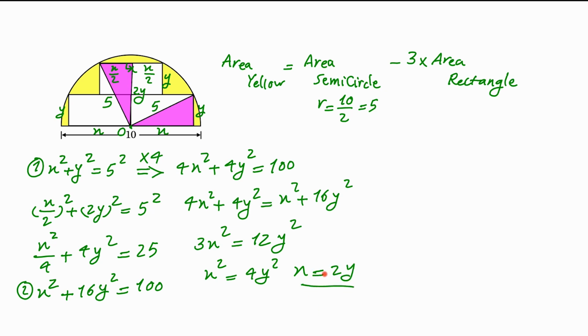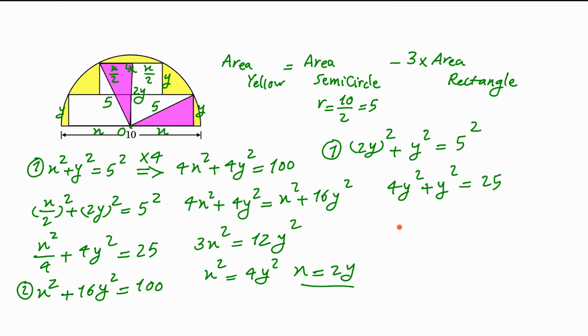So now we can substitute this in the first equation, and we can write the first equation here: 2y squared plus y squared is equal to 5 squared. If we simplify it, we have 4y squared plus y squared is equal to 25, and finally 5y squared is equal to 25.